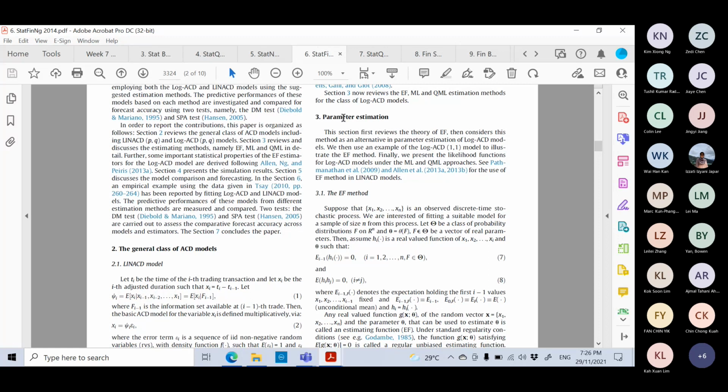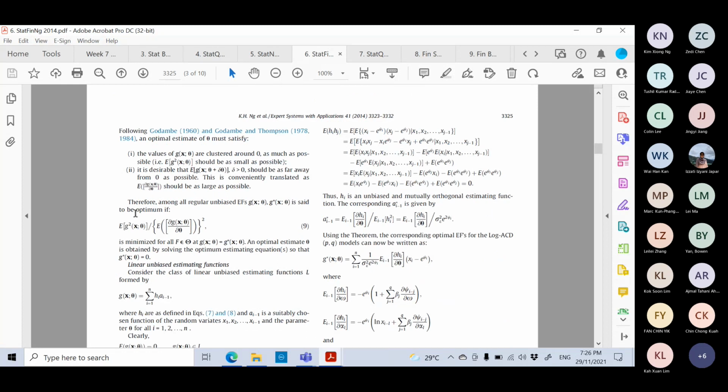One of them is called the estimating function technique, where you need to know a lot of statistical knowledge on how to derive the estimating function, the theory of estimating functions. You need to derive all the equations to formulate all the estimating equations. Because when we talk about estimation, we want to estimate the parameters of the model.